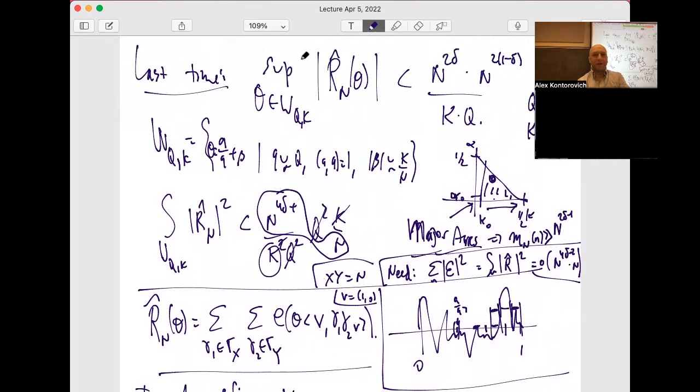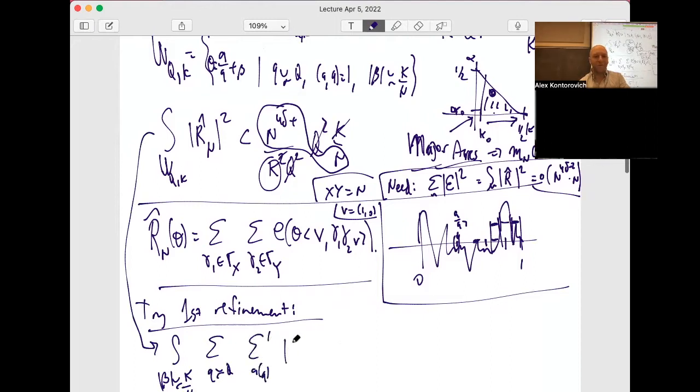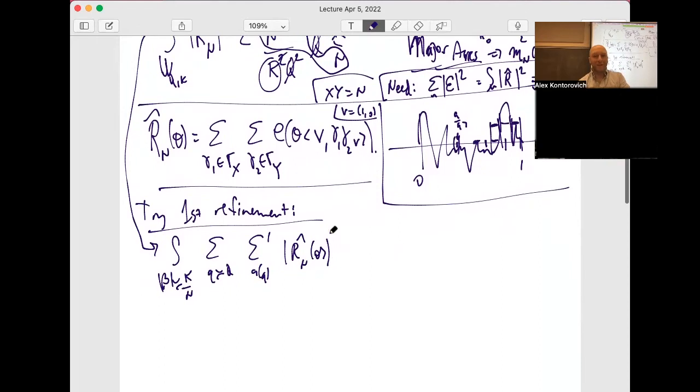Okay, so again, this integral W is really an integral over beta in this range, and then a sum over Q in this range, and then a sum over A mod Q co-prime of Rn hat of theta squared. So what I'm going to do is not square it.